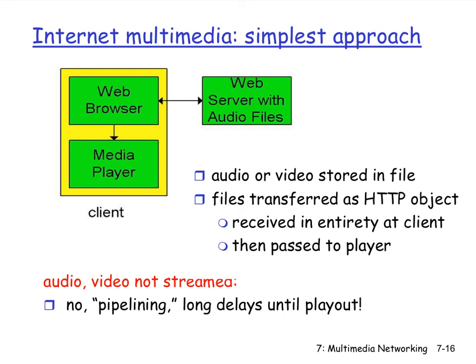You have a web server with the audio or video content, and a media player at the client. Each of these gets designed with certain parameters based on which we can control the play out time at the client side, and if there is a de-jitter buffer, what is the buffer size?